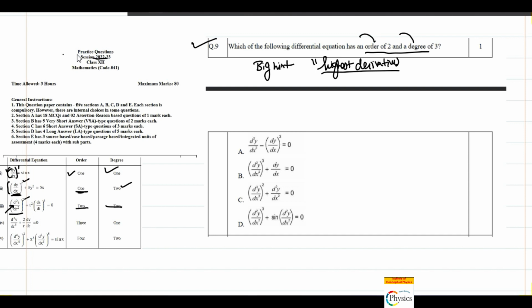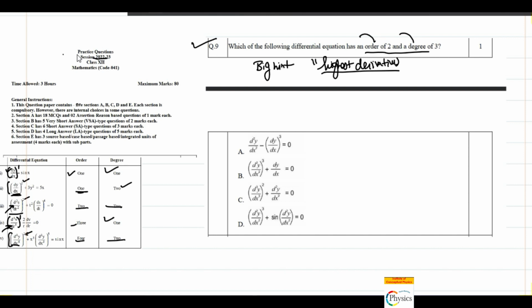Notice this again: you have a triple derivative, so the order is 3, and the power of the triple derivative is 1. Now notice this is a fourth order derivative, so the order is 4, but the power of the highest derivative is 2, so the degree is 2.